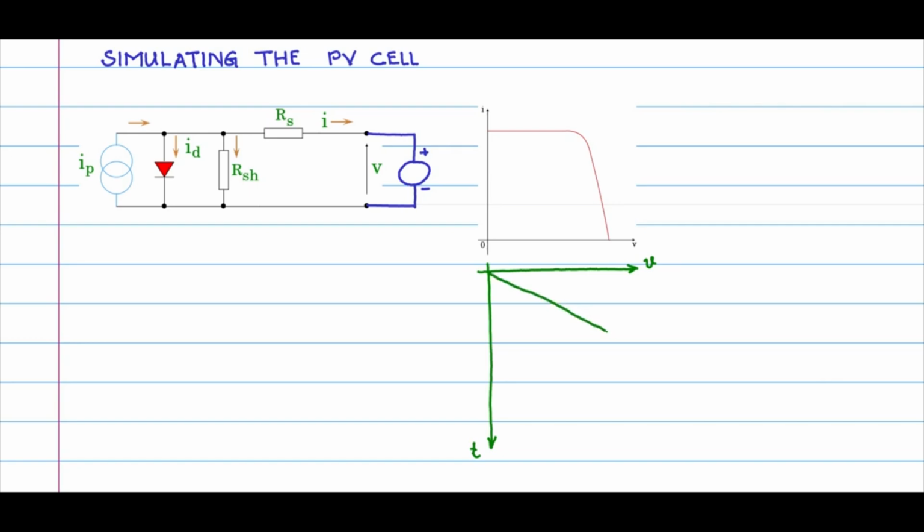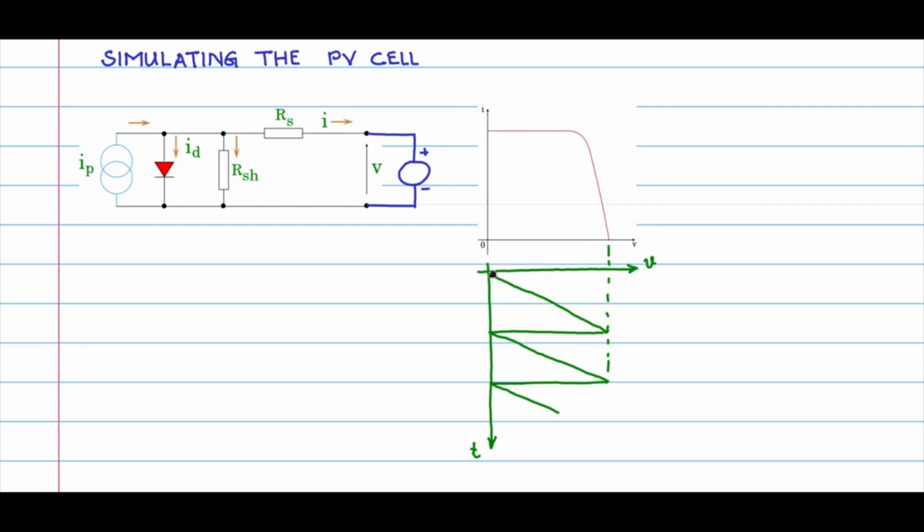Let us say we have a sawtooth like this, in this manner. This would provide the sweep for the x-axis of the IV characteristic, this voltage sweep, and the current will accordingly vary and provide us with the points for the IV characteristic.